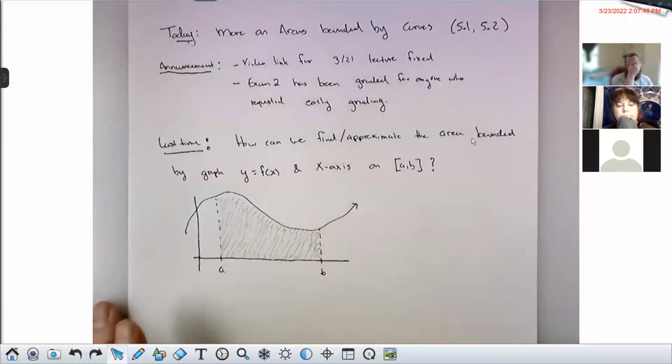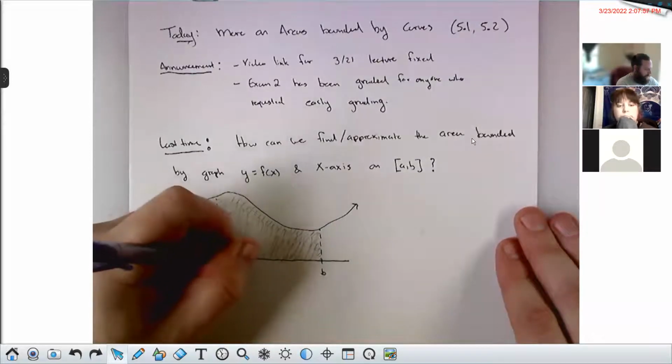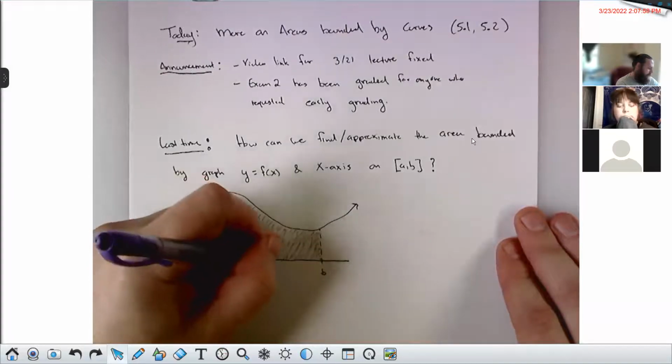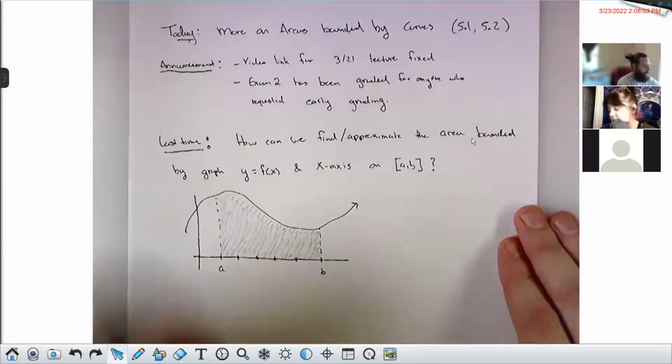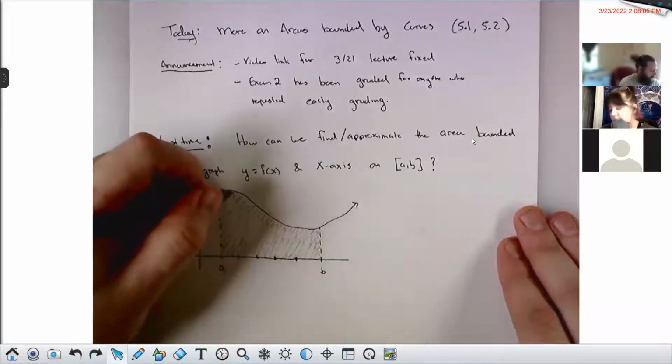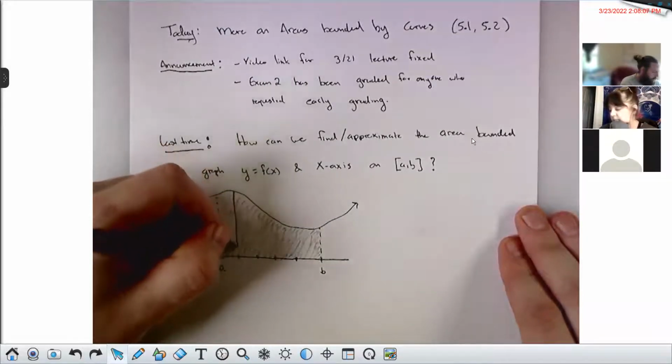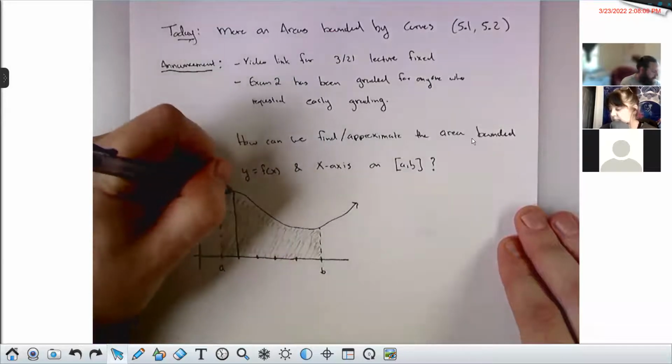The trick, or one possible trick, is to chop up this interval from a to b into a bunch of little intervals. And then on each of those little intervals, make a rectangle.